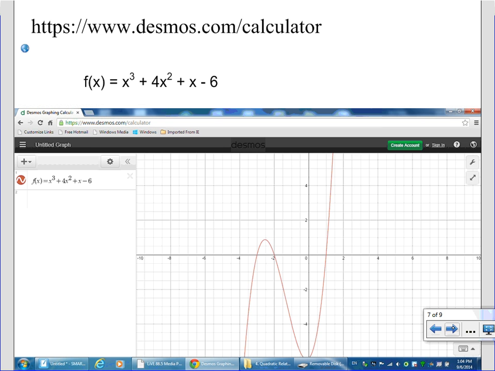I like students to fiddle around with a graphing utility, and this is mentioned in the course materials, and I've emailed a couple of students on this. Desmos.com/calculator is a great free website that allows you to graph these functions and get a picture. This was what our graph turned out to be. Here's the negative 3, negative 2, and the 1. It tends this way, goes up this way.